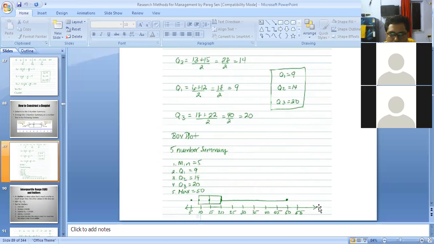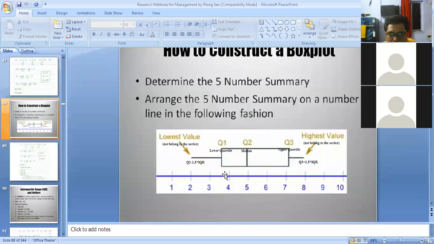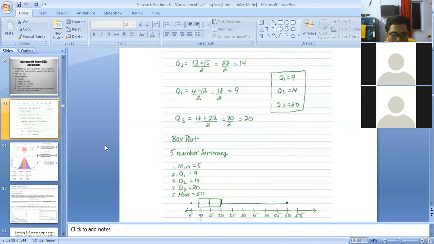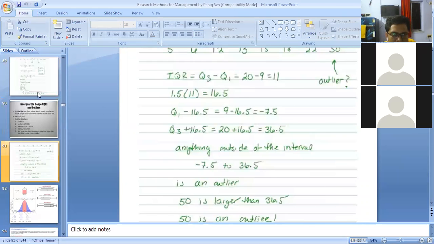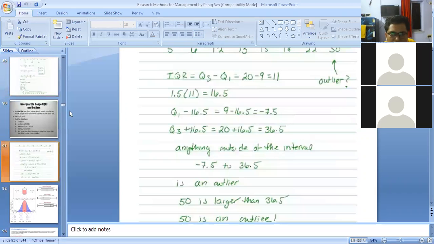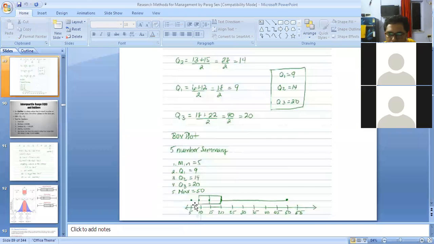This is not the correct box plot. You need to extend it up to 36.5, and on the left side up to minus 7.5. So that will be your box plot.